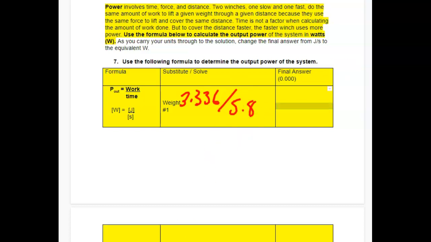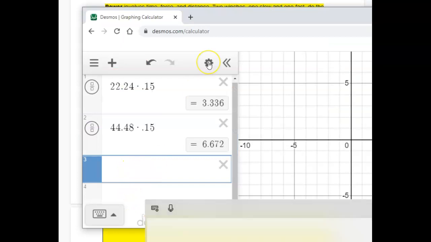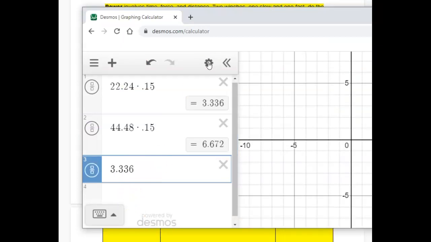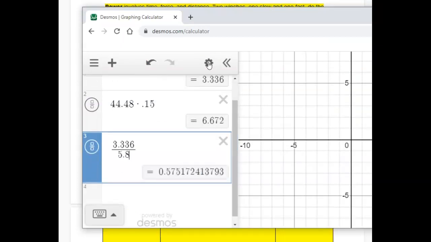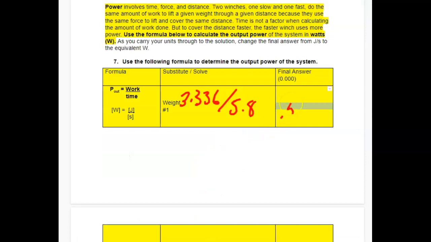If we put that into decimals, we get 3.336 divided by 5.8, and that gives us 0.575 watts. Now this would be joules per second because it's 3.336 joules in 5.8 seconds. But joules per second is the same thing as a watt. All right, so that's how we do that one.